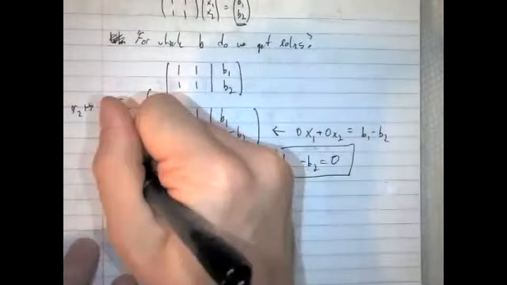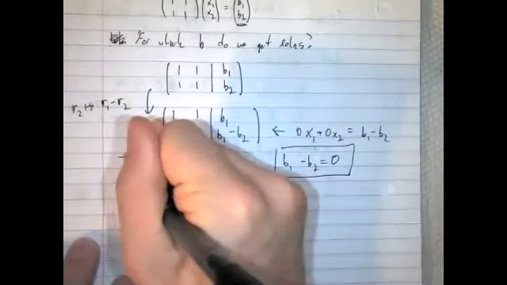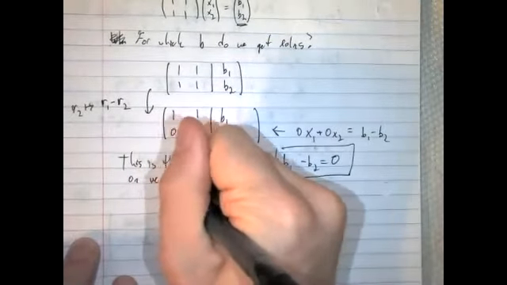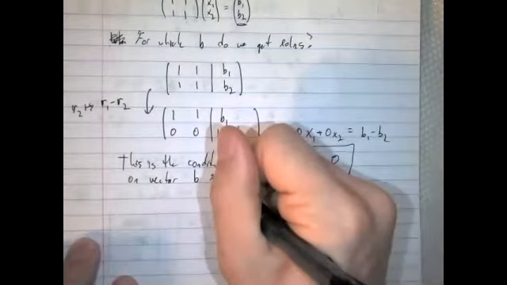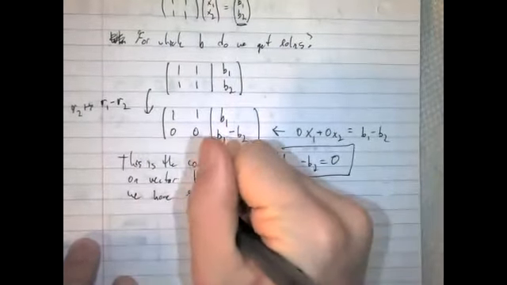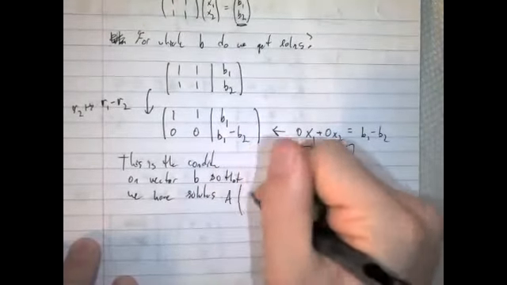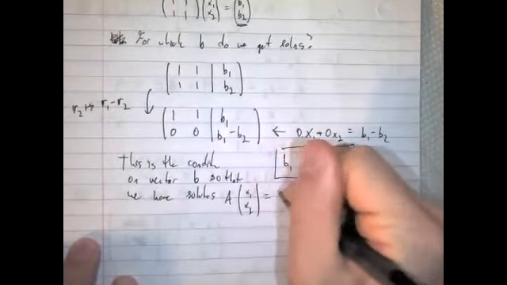This is the condition on the vector b so that I get solutions to A times (x1, x2) equal to b.